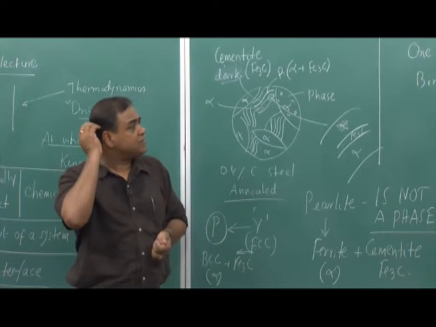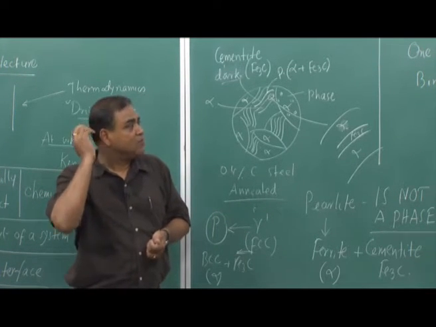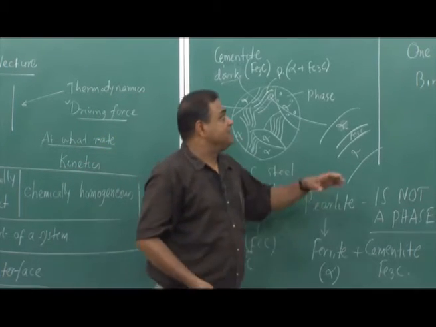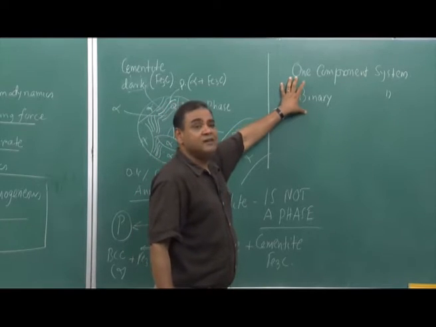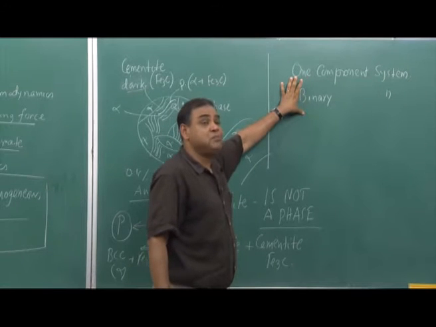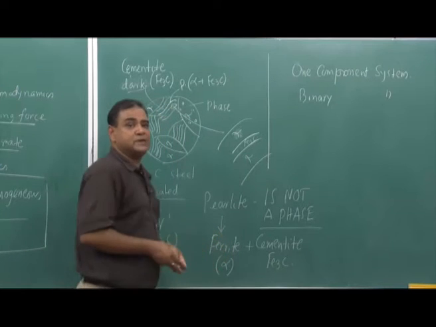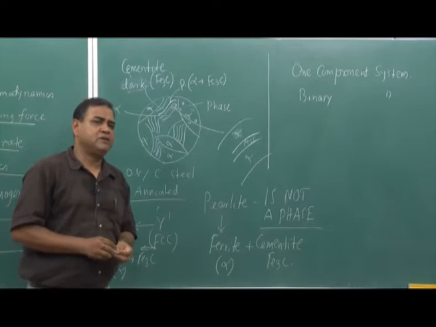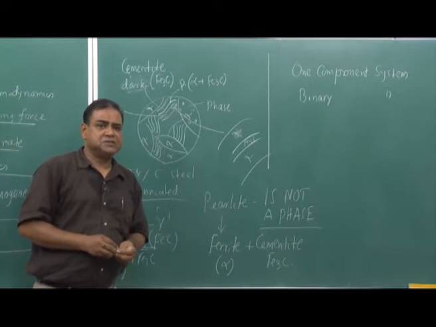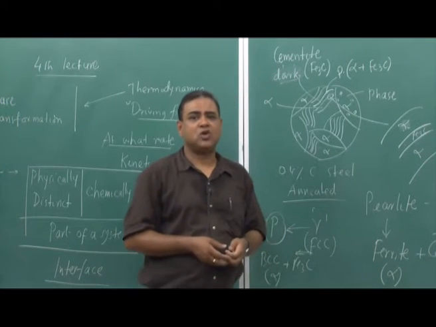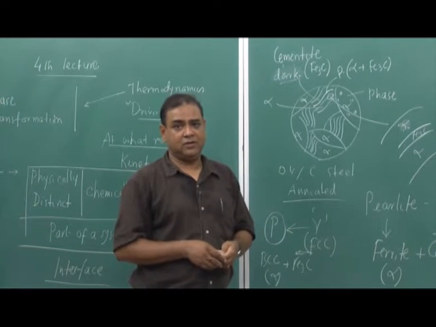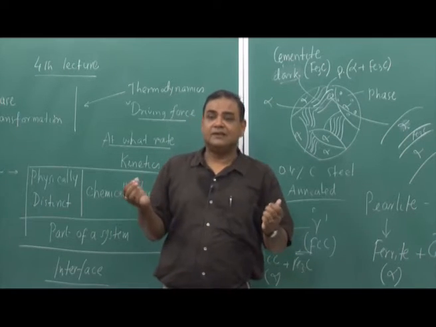So, in order to address those complicated systems, we need to understand what happens in a simple system, which is a one component system. Whenever we talk about a one component system, in most of our engineering applications, we talk about solid-liquid transformation. Classic example is casting.